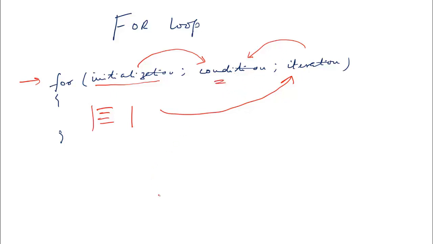Okay, let's take an example here. Say if I want to print something like 1 2 3 4 like this to 10, or like 1 2 3 4 from top to bottom here, or like this. And then how will I write here?